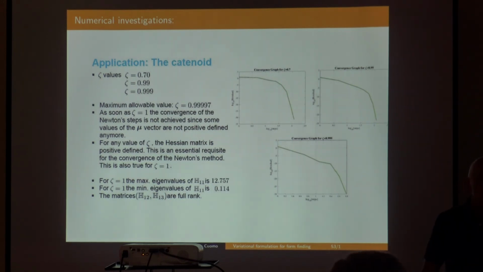That means the formulation is correct, because in Newton we expect quadratic convergence, and we get it. And here is written what I told you before, that the ratio between maximum and minimum eigenvalue remains controlled. It's quite small, actually.